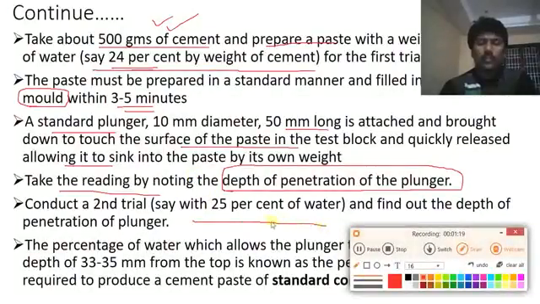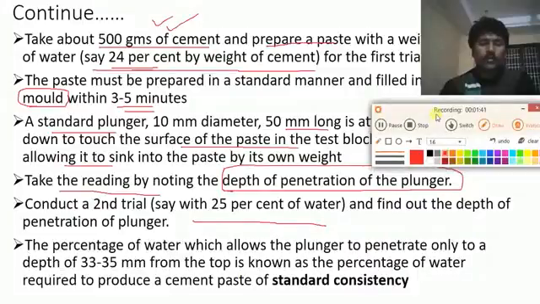Initially we added 24 percentage, now increase 1 percentage of the water again, and again prepare the paste and do the same procedure, where within 3 to 5 minutes you place it in the mold and then place the mold below the Vicat apparatus and release the plunger. Once it is touched with the mold, release the plunger to penetrate and again check the reading from the front view of the indentation. From there again measure the depth of penetration of the plunger.